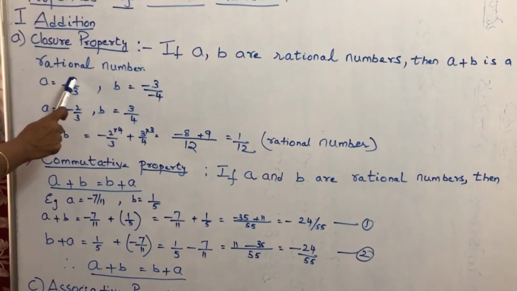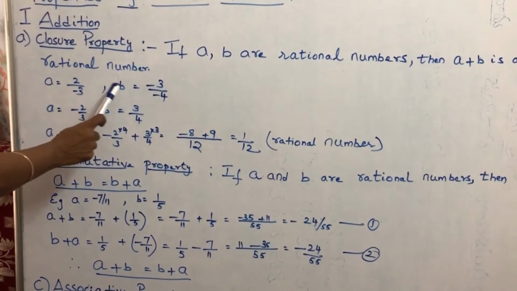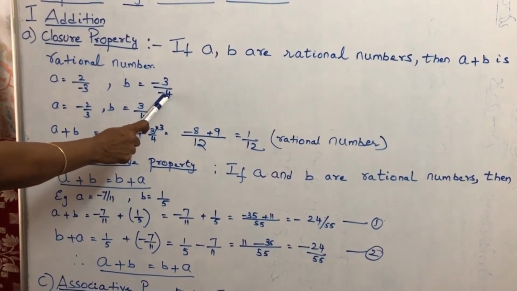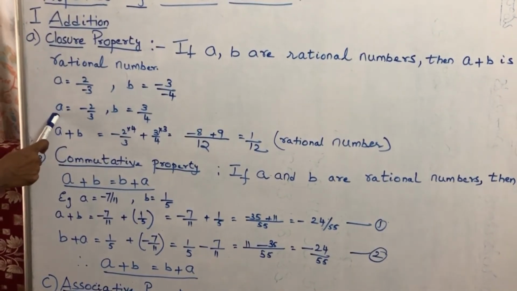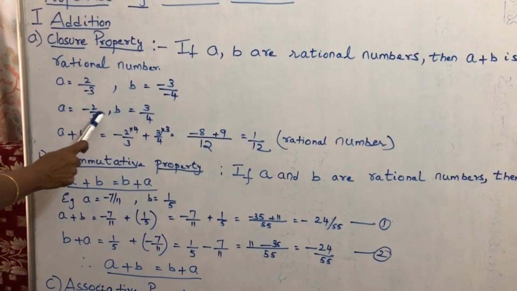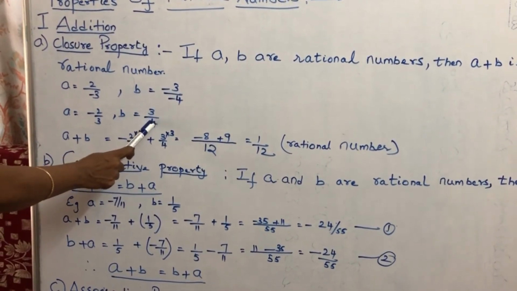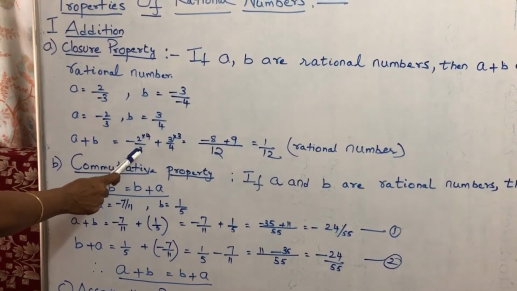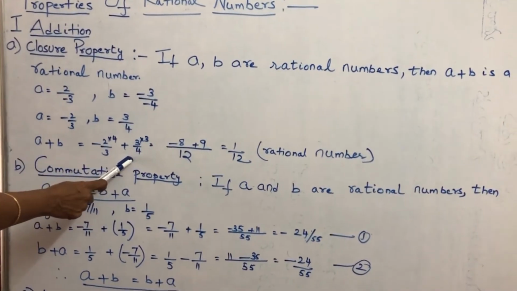Example, a is equal to 2 by -3 and b is equal to -3 by -4. In the very first step, you change the sign. a is negative, b is positive. a plus b is equal to -2 by 3 plus 3 by 4.